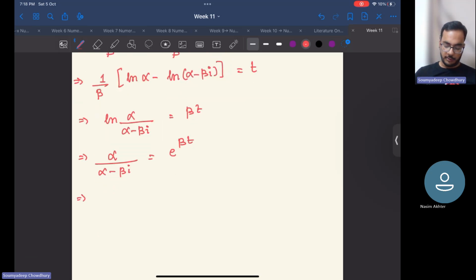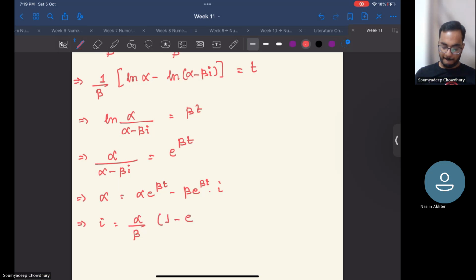From this we need to find out I. If you find out I from here, this will be your I. I will be equal to alpha by beta times 1 minus e to the power minus beta t.